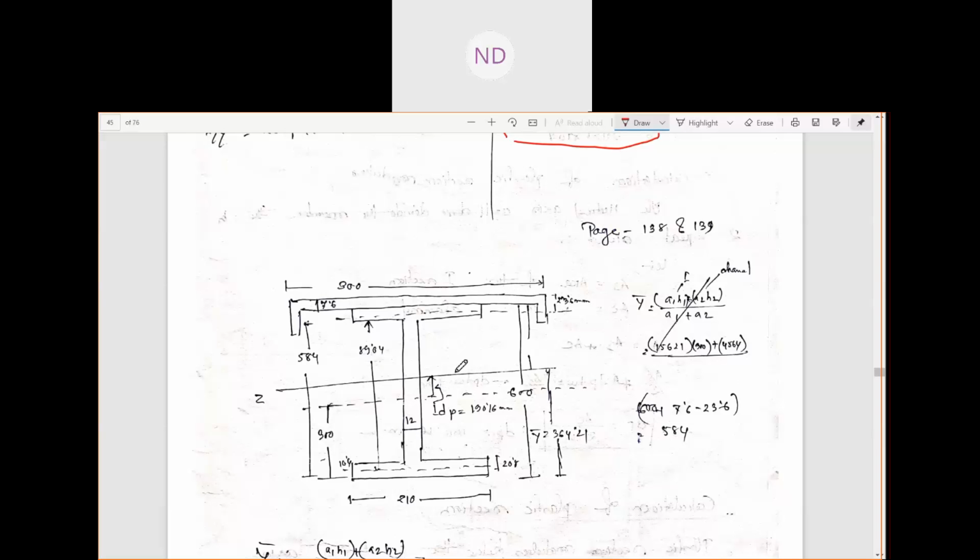These were the properties you have noted down. From your properties, this I section, from here till here, is 600. The depth is 600, ISMB 600.